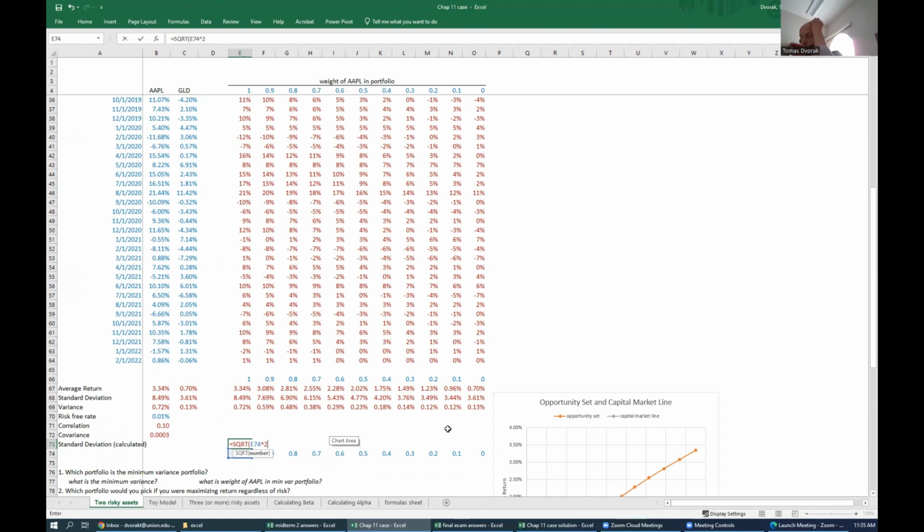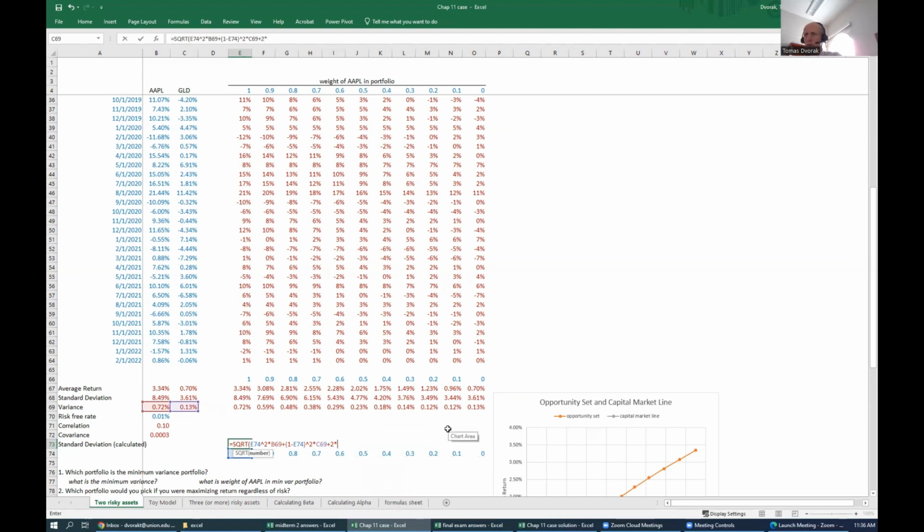The formula says we need to square the weight, multiplied by the variance of asset A, which is apple, and the variance is here, plus the weight on asset B squared, which is 1 minus weight on asset A squared, times variance of asset B, which is gold, plus 2 times covariance.